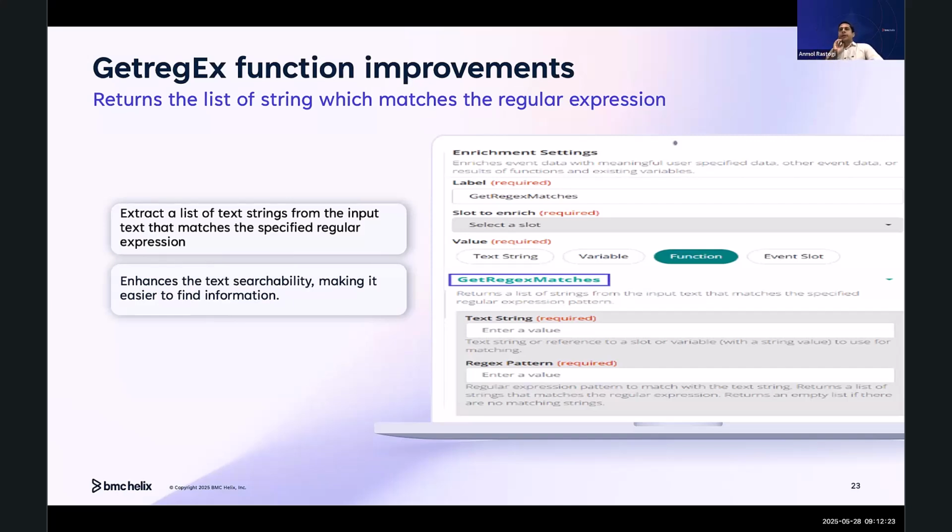Now, without using so many string operations, the customer gets a returned list of tokens once the regular expression is matched. This aligns with the previous functionality in TSOM, where you run this function and get all the matched tokens along with the Boolean value of whether your regular expression matched successfully. This is also another improvement done as part of event management capability.